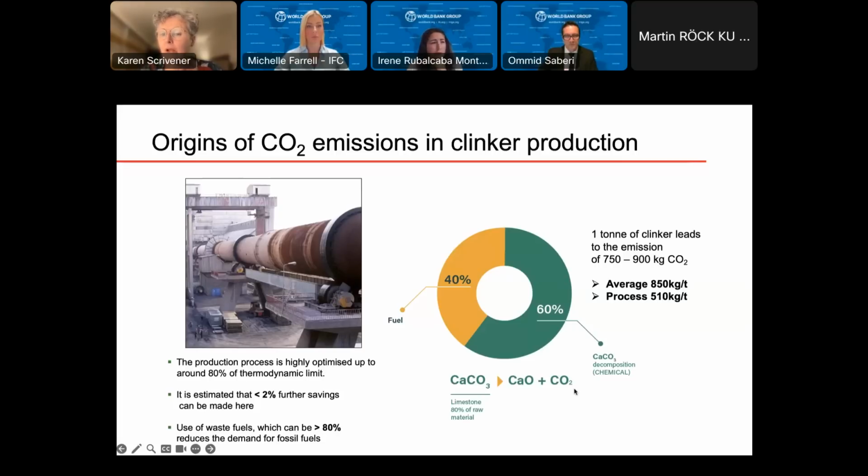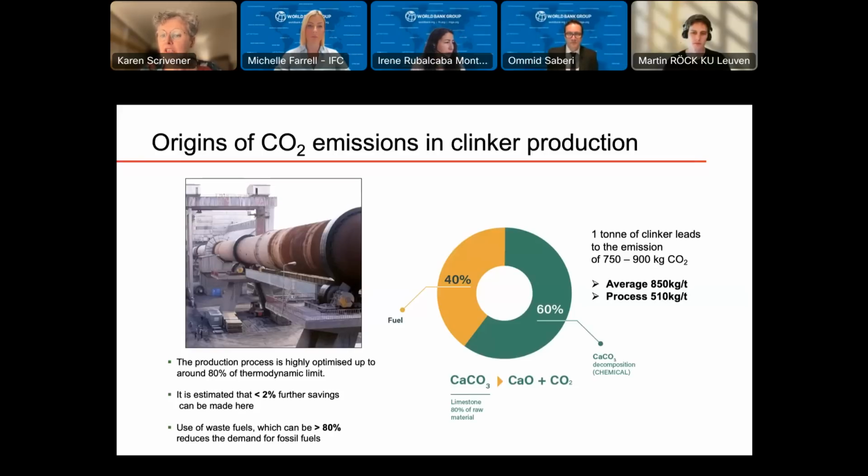This simple chemical reaction accounts for about 60% of emissions. For producing clinker, we have an average CO2 of about 850 kilograms per ton, and of that, about 510 is coming from this process emission.